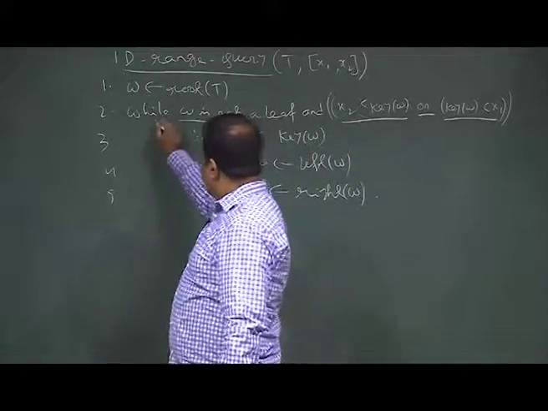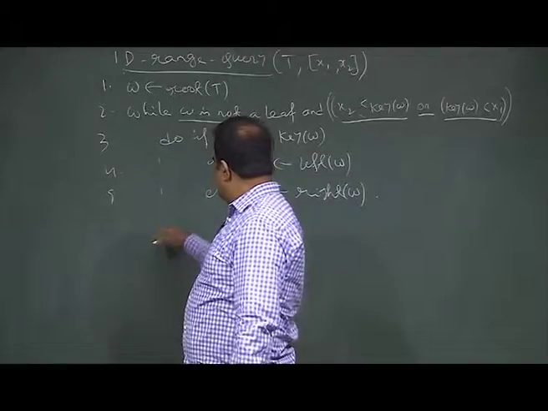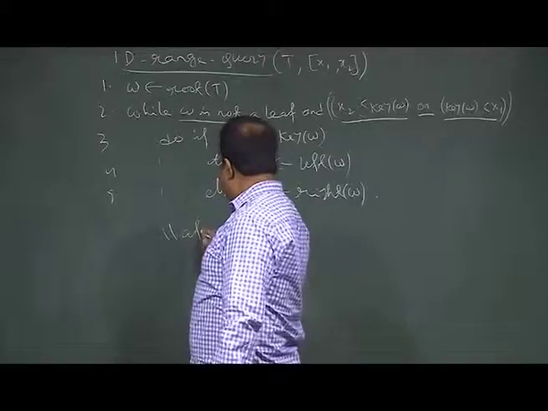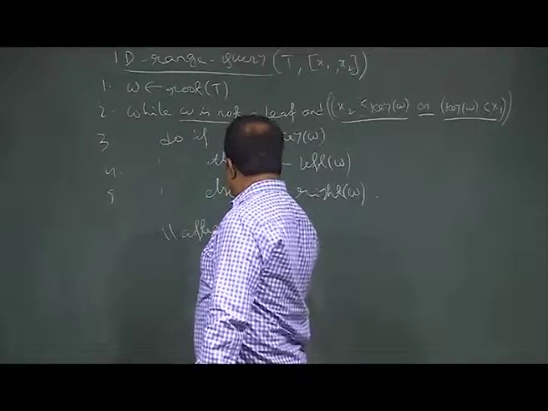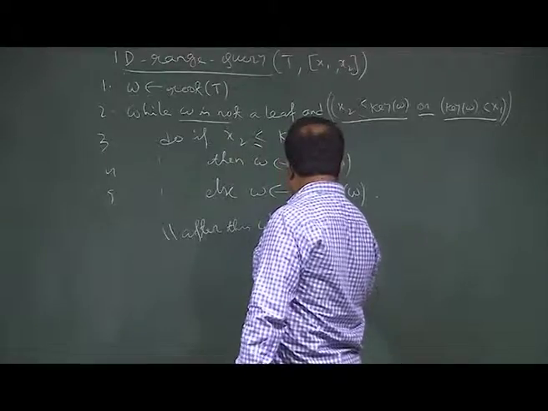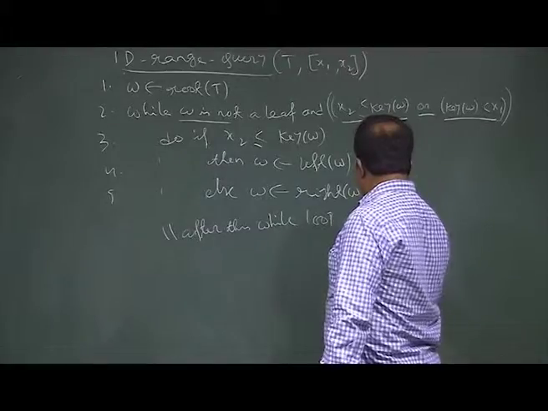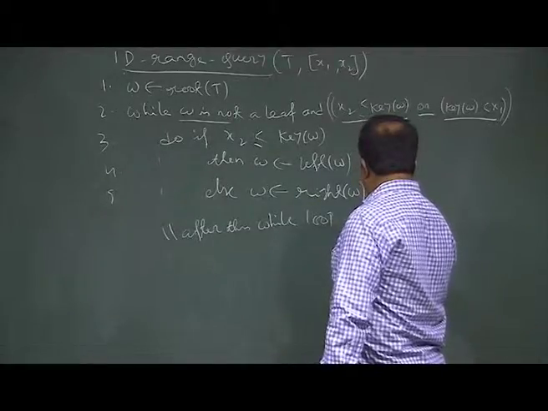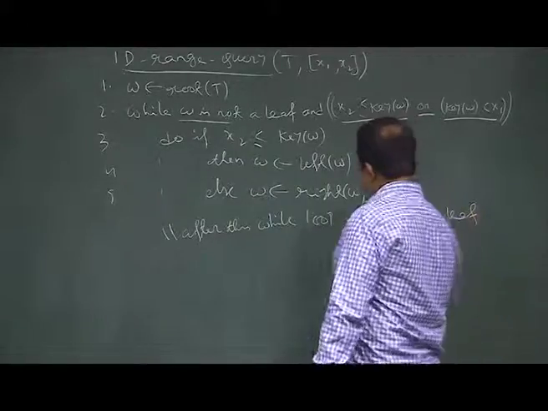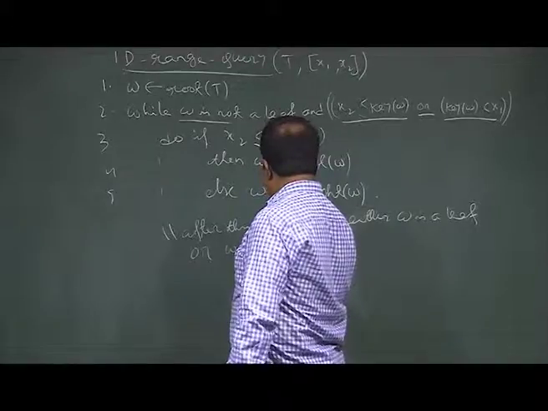So, after this while loop we reach a split node. This is the observation: after this while loop, either W is a leaf node, or W is a split node.